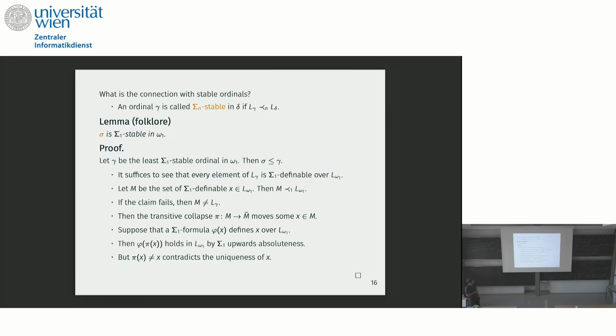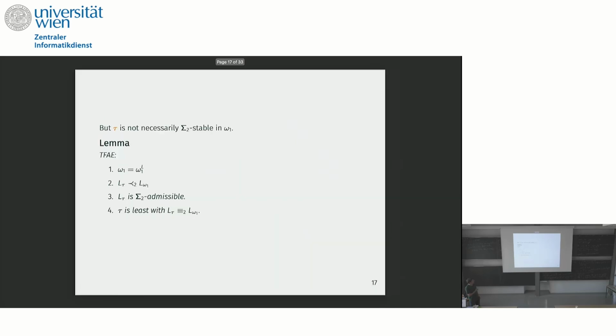All right. So this fails for Σ2. Tau was the sup of Σ2 definable ordinals, and this L_τ is not necessarily a Σ2 substructure. That happens if and only if ω1 equals ω1 of L.